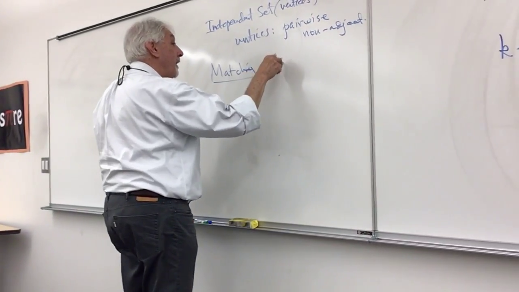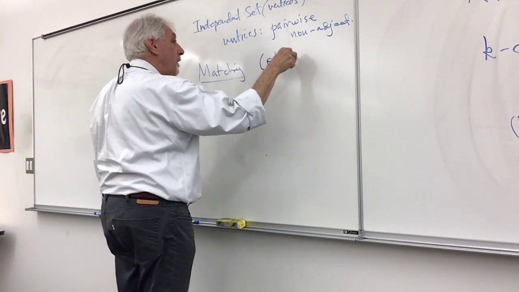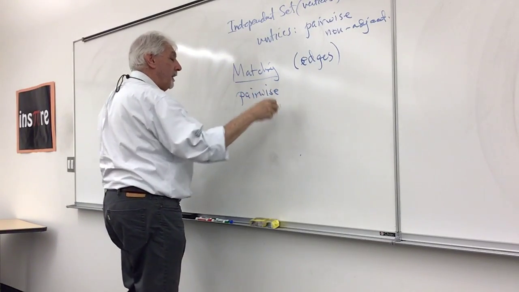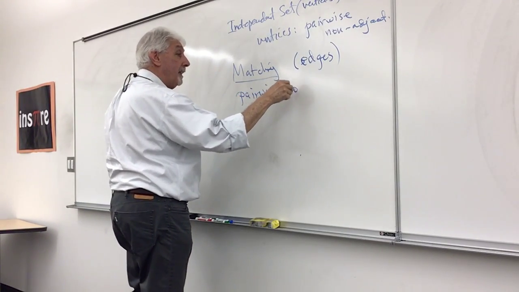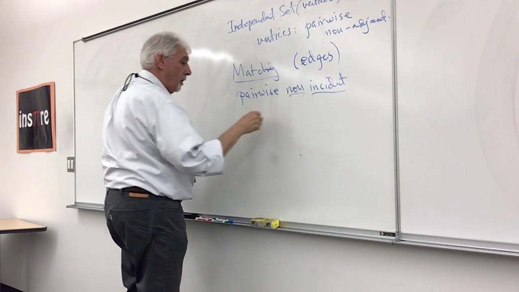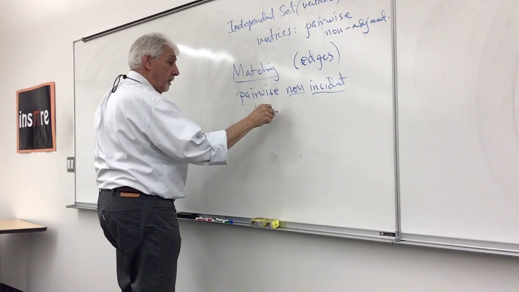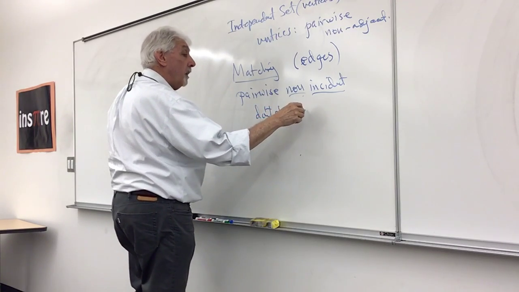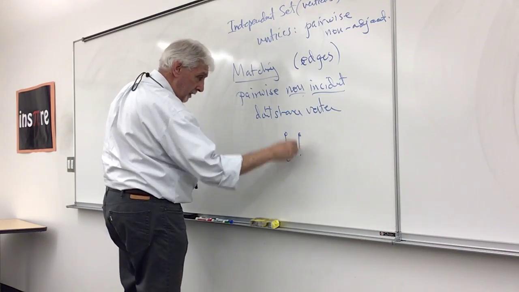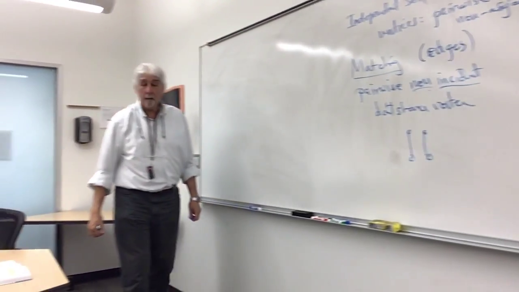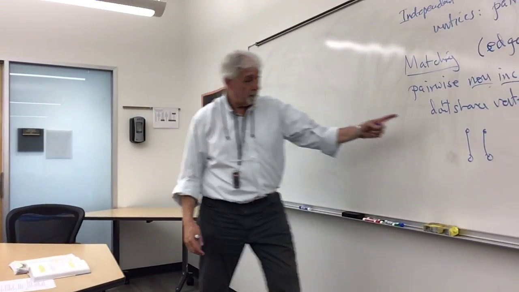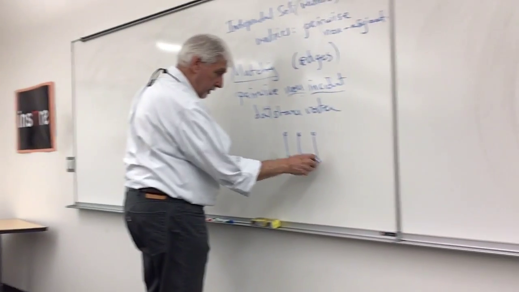They're edges that are pairwise non-incident. In other words, they don't share a vertex. So if I have two edges that don't share any vertices, that would be a matching.